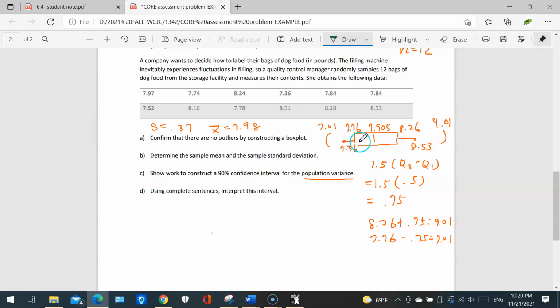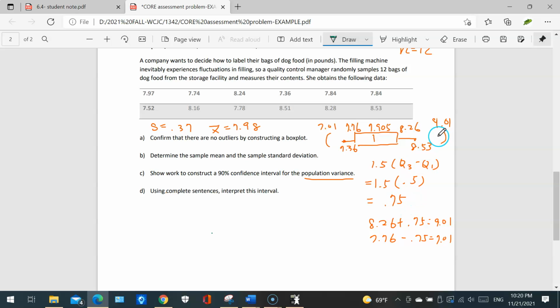In order to know whether you have an outlier or not, we have to use the IQR multiplied by 1.5. And IQR is obtained from Q3 minus Q1. If you want to refresh your work, you can go back to check chapter 3.5, I believe. So when we subtract these two numbers, we get an IQR of 0.5. When I multiply by 1.5, it gives me the interval range of 0.75.